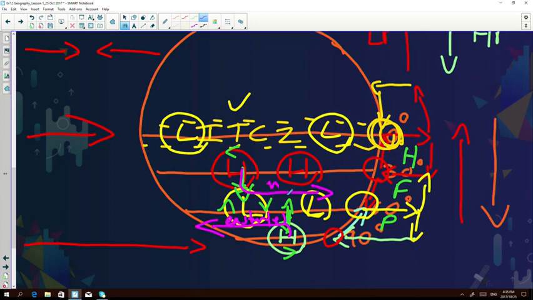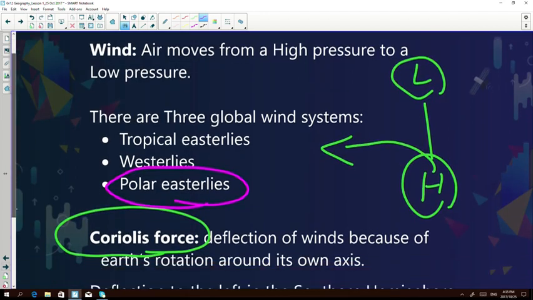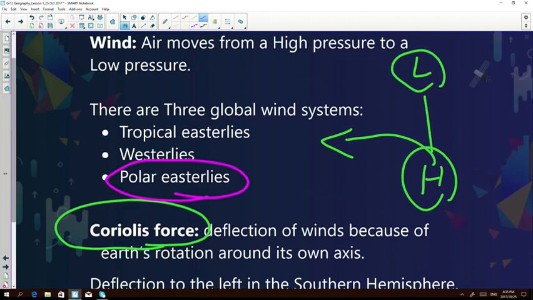The westerlies, and air moves from a high pressure to a low pressure, but in the southern hemisphere, deflects to the left. And we got tropical easterlies. If we quickly look at the next page, because of the deflection, we got the tropical easterlies.